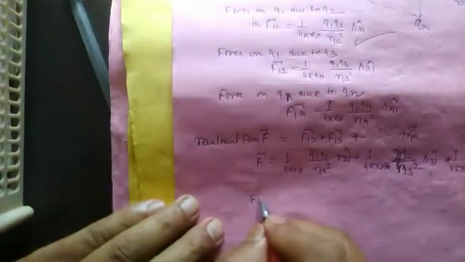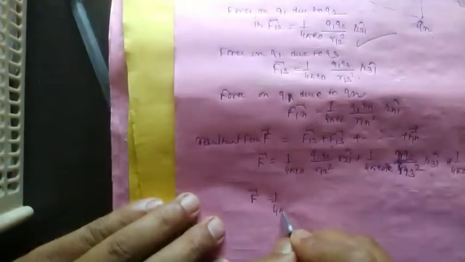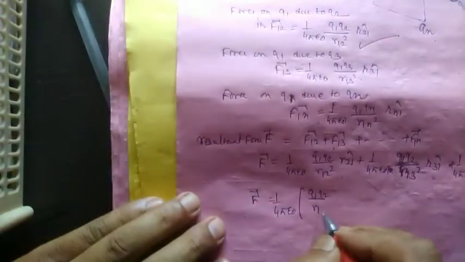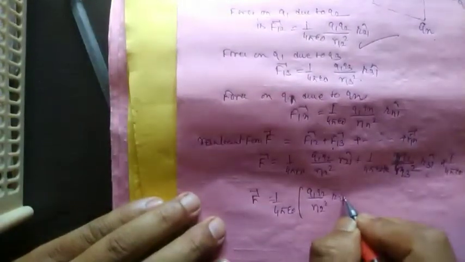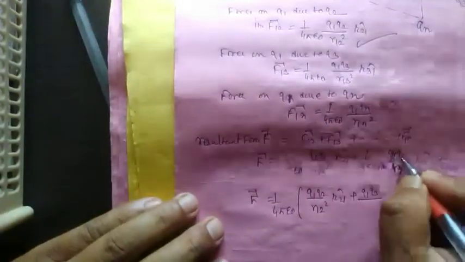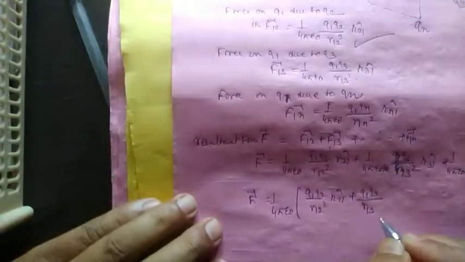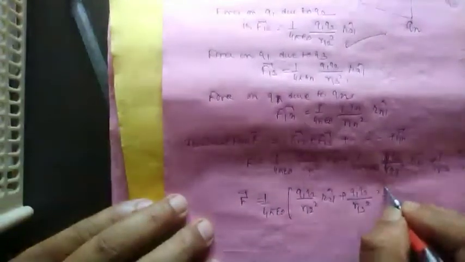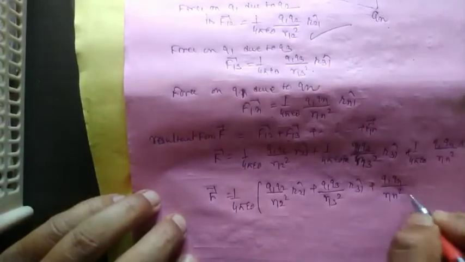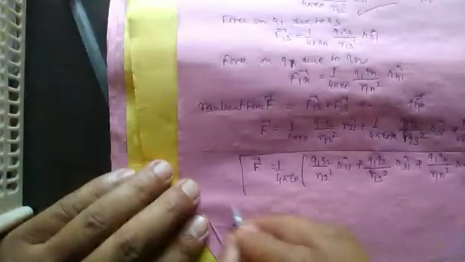Clear? And finally we take common 1 upon 4 pi epsilon naught, q1 q2 upon r12 square, r21 plus q1 q3 upon r13 square, r31 plus q1 qn upon r1n square, rn1. These are the resultant forces.